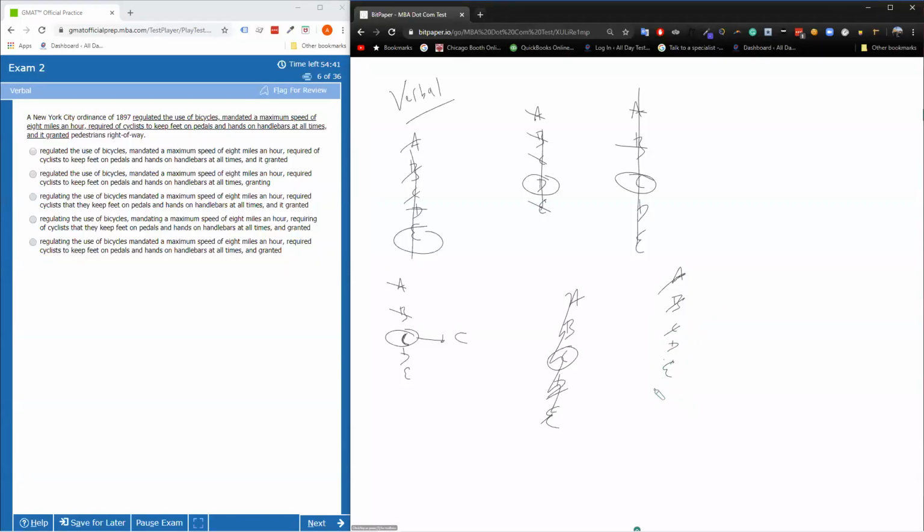A New York City ordinance of 1897 regulating the use of bicycles, mandating. No, because it's in the past. So, New York City ordinance of 1897, regulating the use of bicycles, mandated a maximum speed of 8 miles per hour, required cyclists keep feet on pedals and handlebars, and granted. That's exactly what I'm looking for.